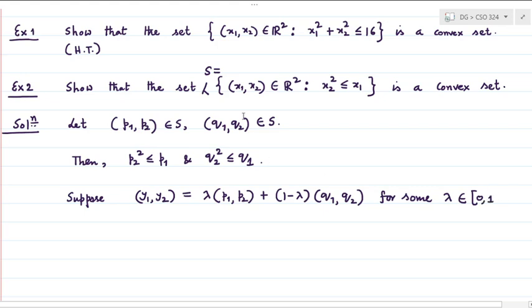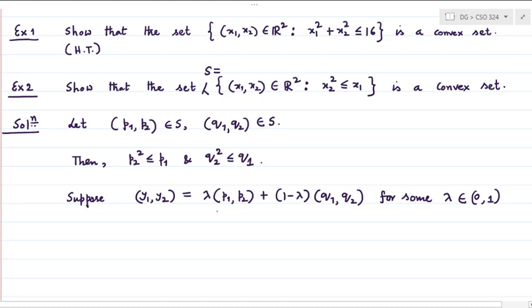And notice that for lambda equal to 0, you have y1, y2 equal to q1, q2, and you have assumed that q1, q2 is in S. And therefore, in order to show that it is a convex set, we don't require to show that for lambda equal to 0 and lambda equal to 1 this convex combination is inside the set S, because for lambda equal to 0 and lambda equal to 1, you have already assumed that those are points in S. So we don't have to prove for lambda equal to 0 and lambda equal to 1.